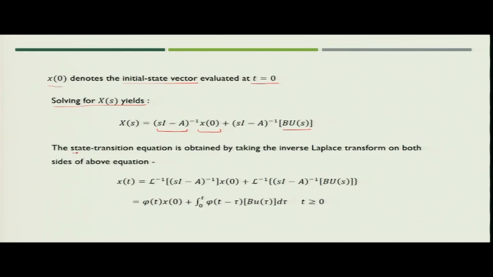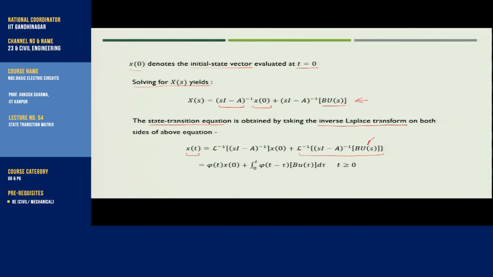Now, the state transition equation you can obtain from this equation by taking the inverse Laplace transform on both sides. So, you get x(t) equal to the inverse Laplace transform of (sI minus A) inverse x(0) plus the inverse Laplace transform of (sI minus A) inverse B U(s). This second term is in addition to the term we saw in the homogeneous response of the system, because now you have added the forcing function.